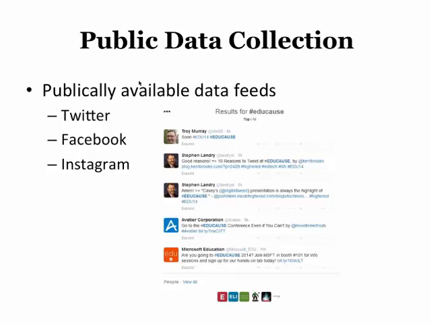Okay, so public data collection, switching gears, we're talking about things that have been going on for quite some time. If you look at Twitter, Facebook, Instagram, there's oftentimes leveraging of those public data streams to gather data around specific events.